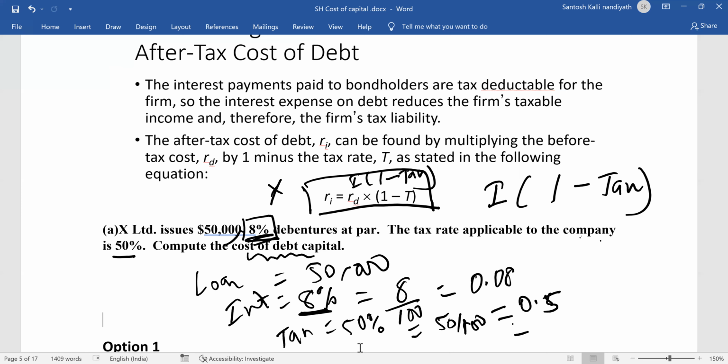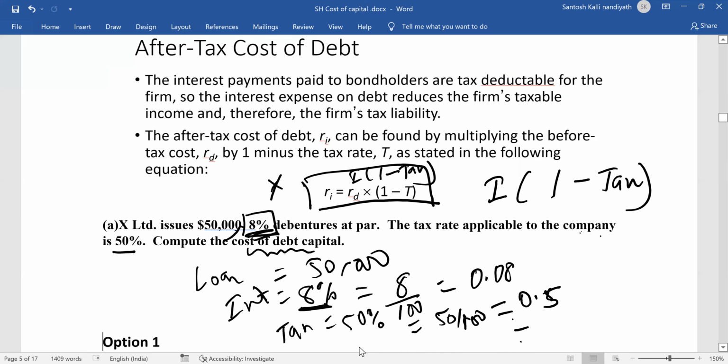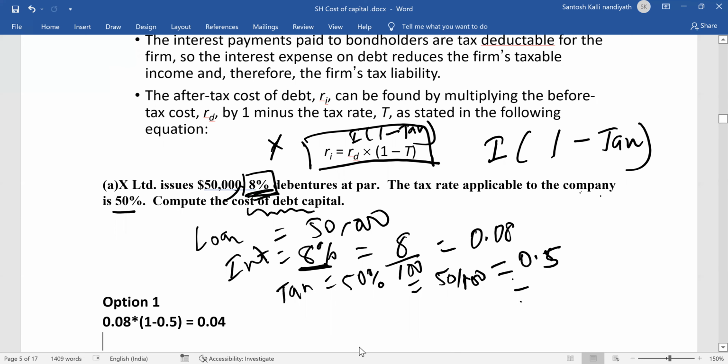Shall I help you? No, I'm trying to solve it. So I think I need help again. Yeah, 0.08 multiplied by 1 minus tax rate.